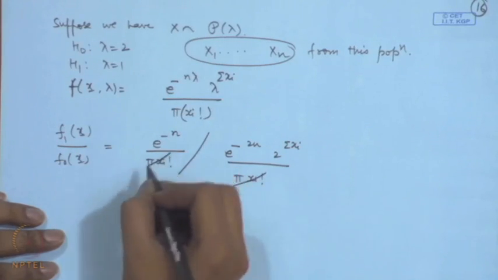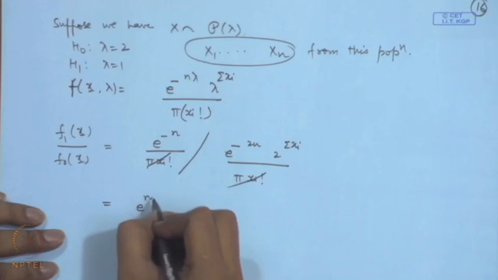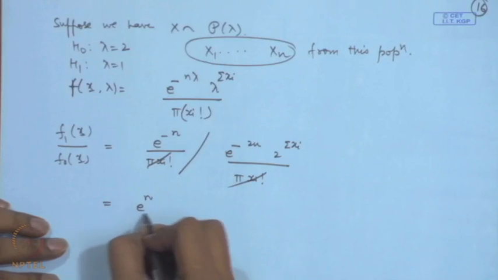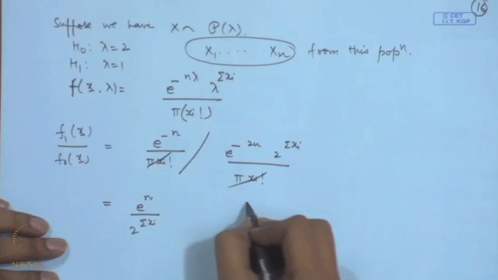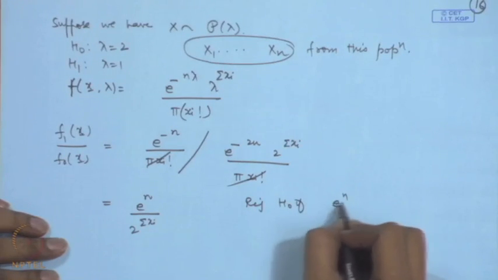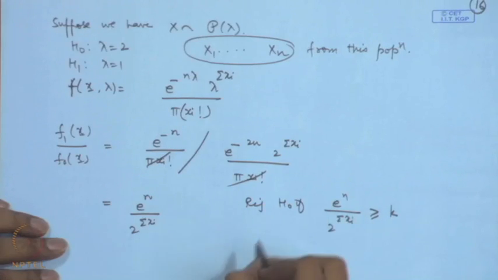Now, this term cancels out, you are left with e to the power n divided by 2 to the power sigma x i. So, rejection region is if e to the power n divided by 2 to the power sigma x i is greater than or equal to k.